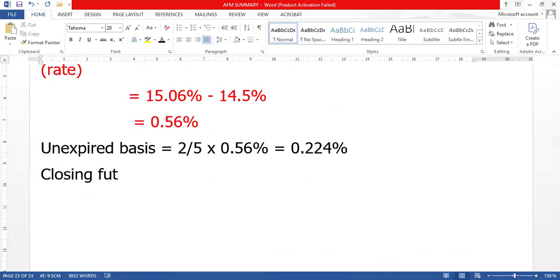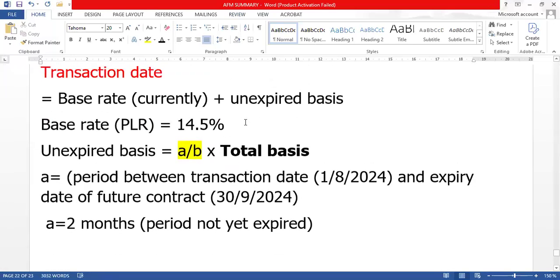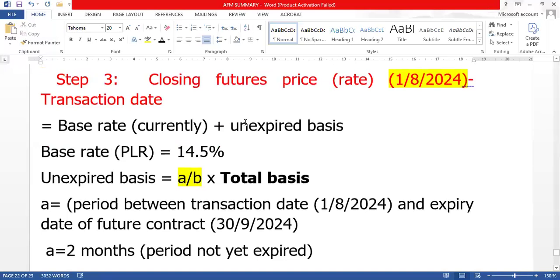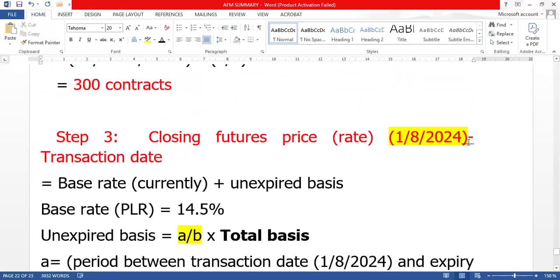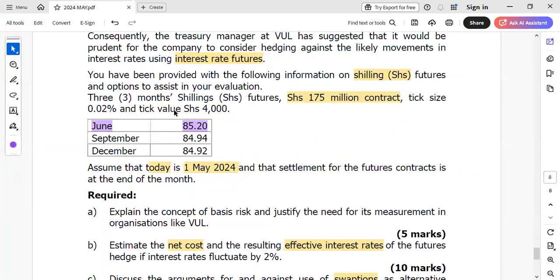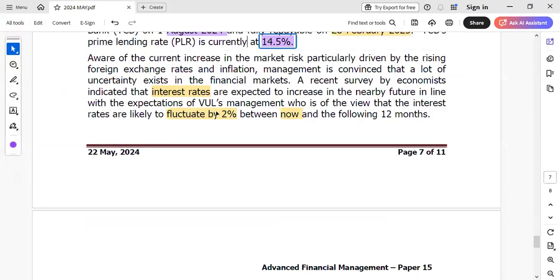All right, so once you get your basis, your unexpired basis, you get the closing futures. Remember, as you get the closing futures, that is the transaction date. That's what we said. But when you look at what they told us, the rates are likely to fluctuate by what?